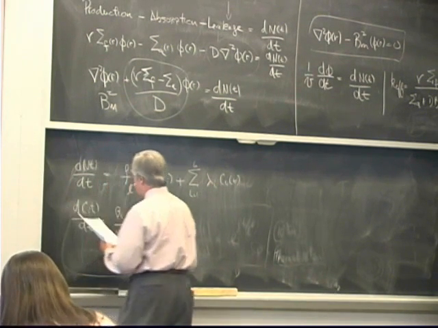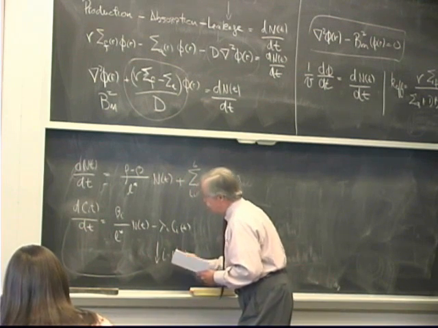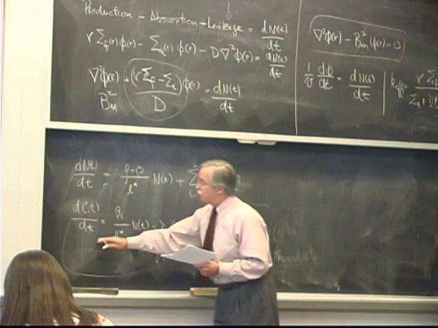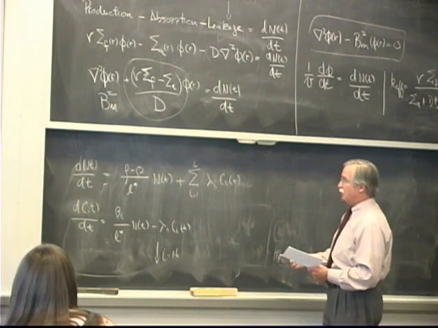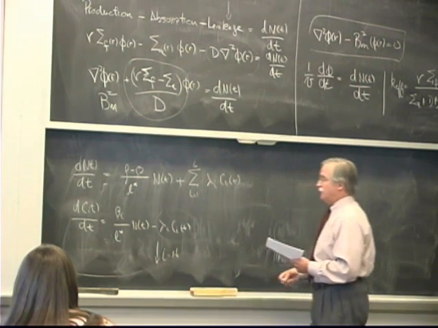And this is for i equals 1 to 6. So we have 6 of these equations, each one representing a different precursor group, which is a collection of the 20 or so precursors that can be pretty much lumped by their decay times.